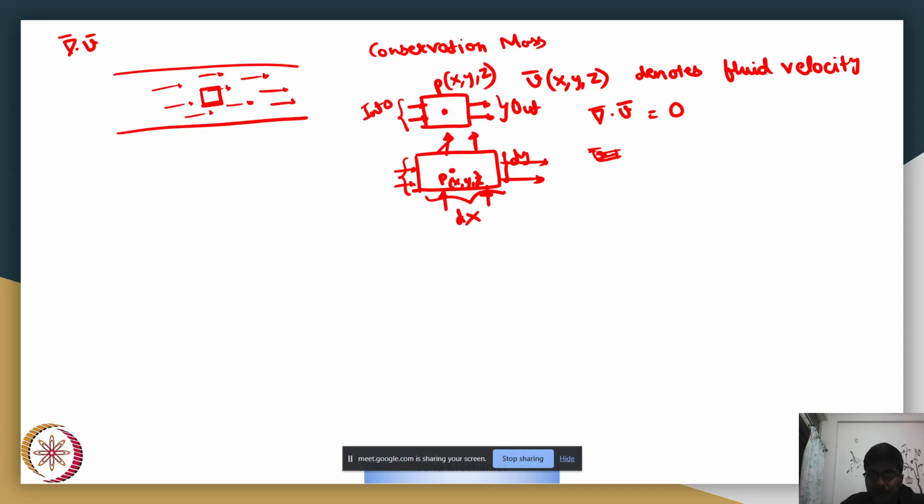The fluid that is coming from the left hand side, if I write v has components vx i hat plus vy j hat, will have velocity vx minus dou vx by dou x into dx by 2.